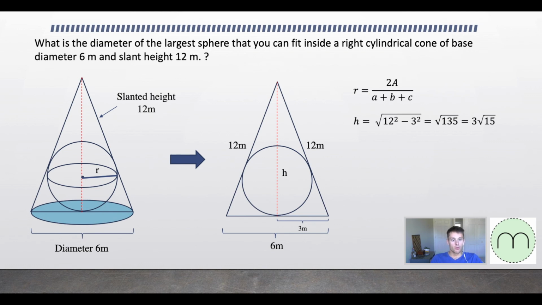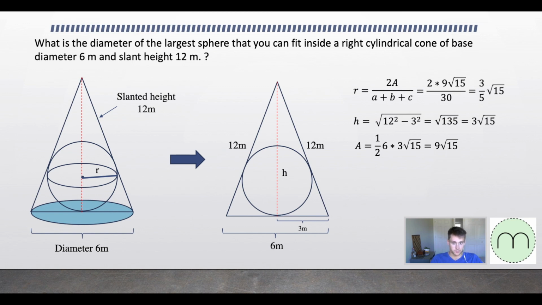And now we can define the area of the triangle A as 1/2 times the base, which is 6, times the height, which is 3 square roots of 15, and we get 9 square roots of 15. And now we can go back to our original equation, r equals 2 times A divided by a plus b plus c, plug in all the numbers, and we get our answer, which is 3 over 5 times square root of 15.